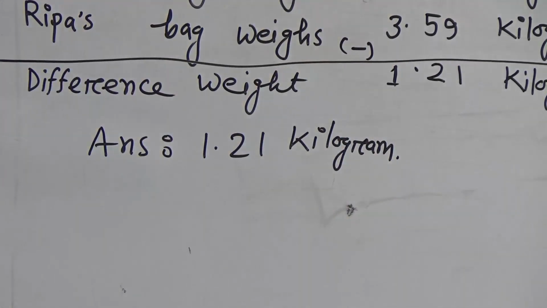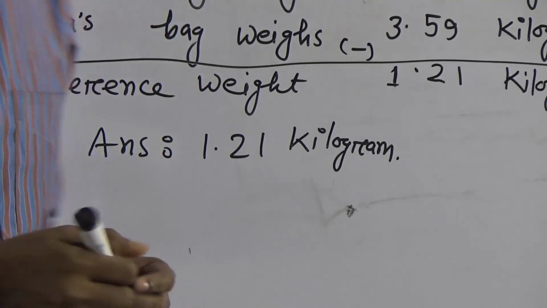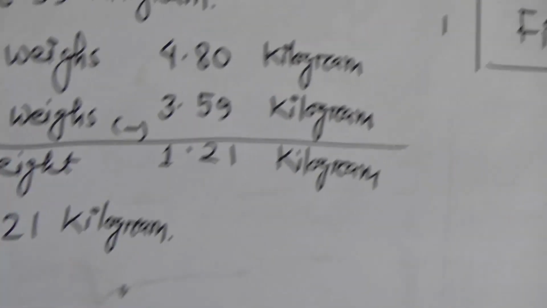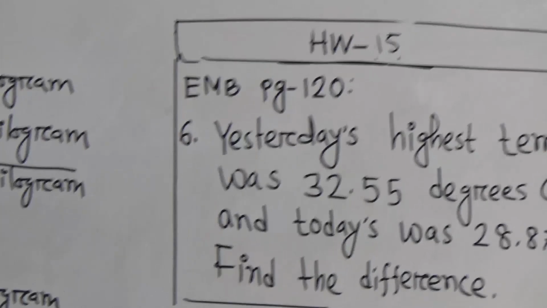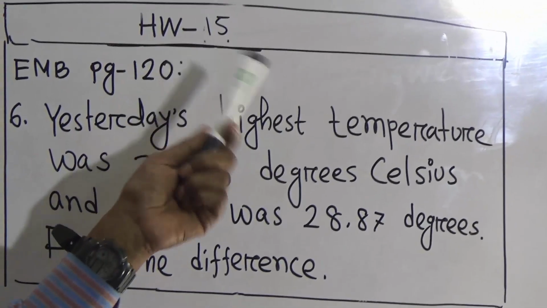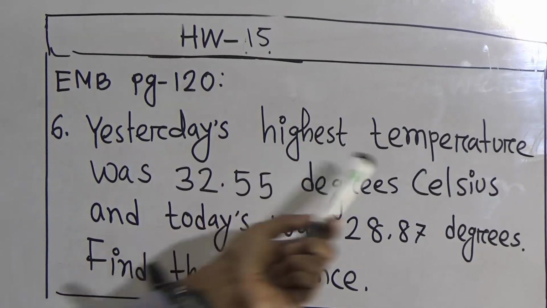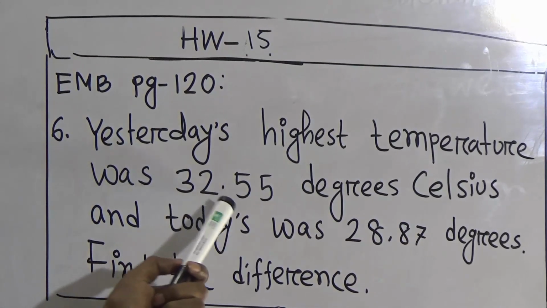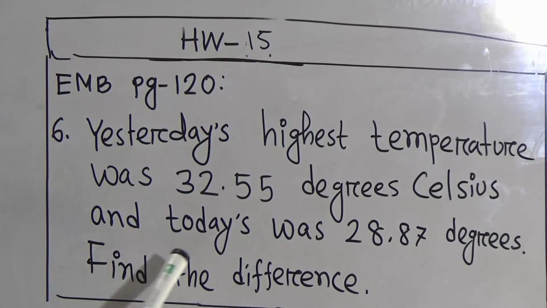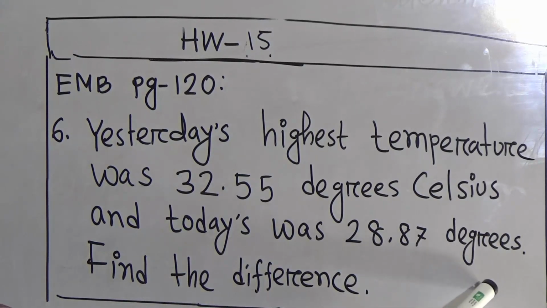Dear student, I hope you understood. Now I want to talk with you about our SW. Look, SW 15 MB page 120. Yesterday's highest temperature was 32.55 degrees Celsius and today's was 28.87 degrees. Find the difference.